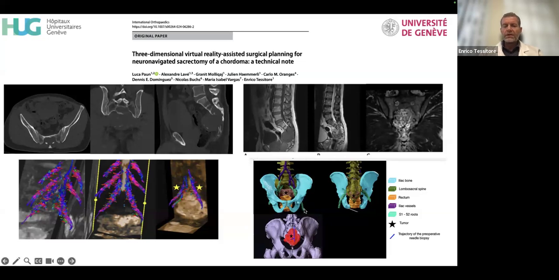You might see here on the Elements viewer software, in green the lumbosacral plexus, the iliac vessels in front of the sacrum in violet, the rectum and the bladder, and of course in red the tumor itself, and in blue the biopsy tract that we decided to excise at the time of surgery.